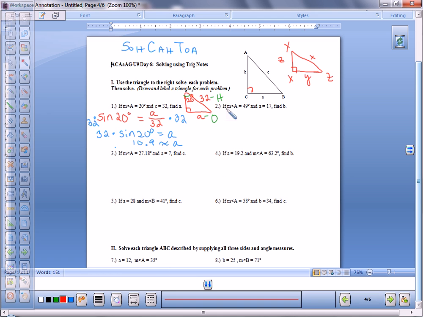All right. Now, if angle A is 49 degrees and side A is 17, find side B. New problem means new sketch. Draw a picture. Label angle A, this time is 49. Label side A, 17. We're looking for side B. Side B would be over here.